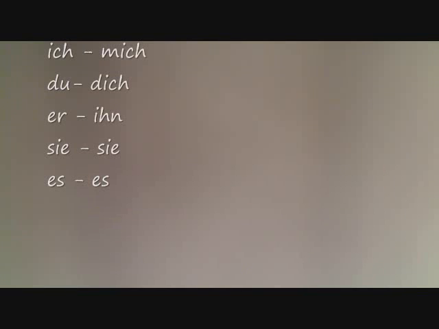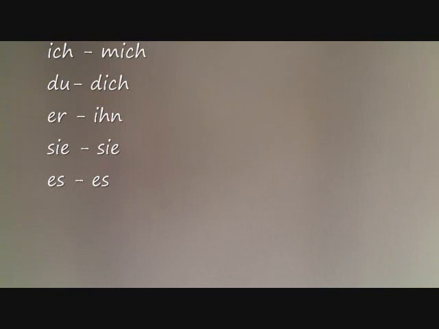Also, we want to look at accusative pronouns. Now, these are pronouns for objects, and what they do is they sort of function as a noun. So these are the accusative pronouns. Mich means me. Dich means you for the informal. Ihn means him.